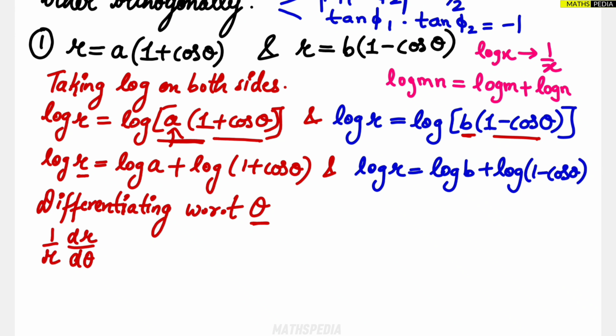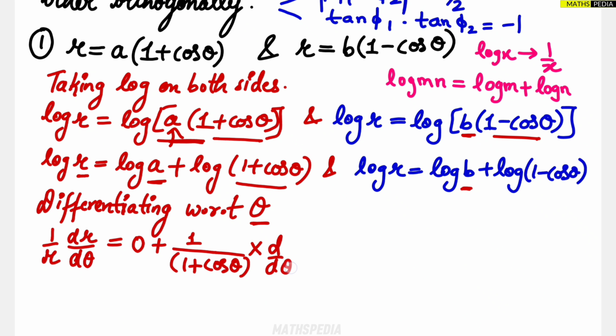This is very important. Here a is a constant value, b also is a constant value. r is not a constant, because we are considering polar curves, r is a variable. So log a becomes a constant, it becomes 0, plus log of something becomes 1 by that something, 1 plus cos theta, into the differentiation of that something.